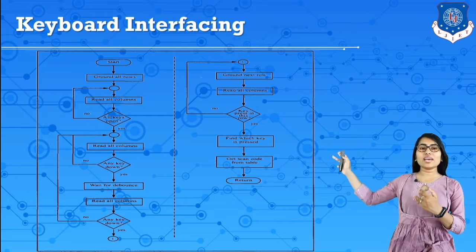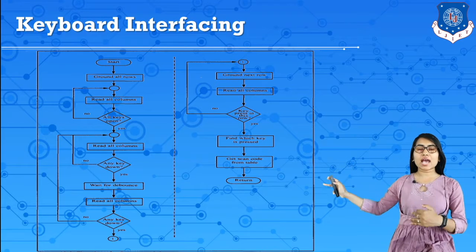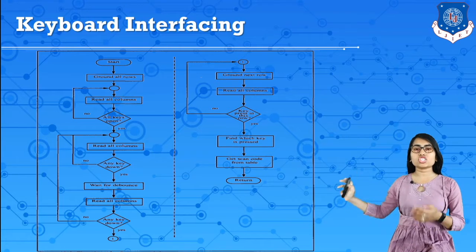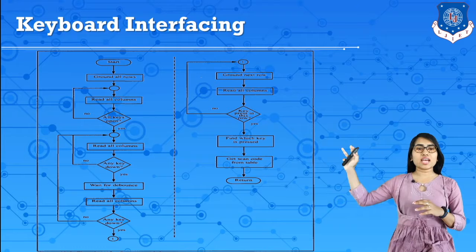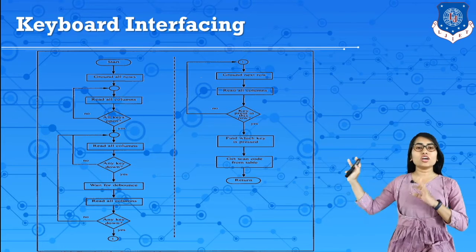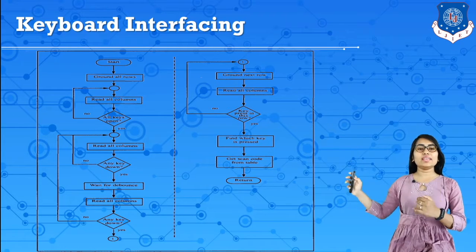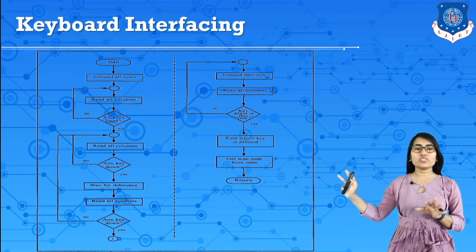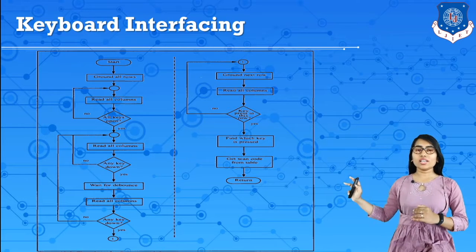Now here there is a flow chart showing how we can identify whether a key is pressed or not, and which key is pressed. Initially, ground all the rows, then read all the columns. Are all keys open?